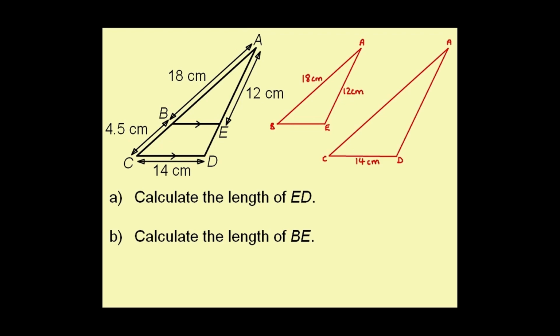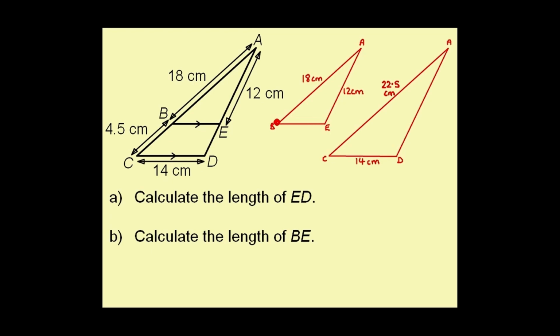There's just one that I need to do a bit of working out for. The length AC here is the 18 plus the 4.5. So the big length AC here is 22.5 centimetres. Because I've now got two similar triangles, I'm going to work out the scale factor.